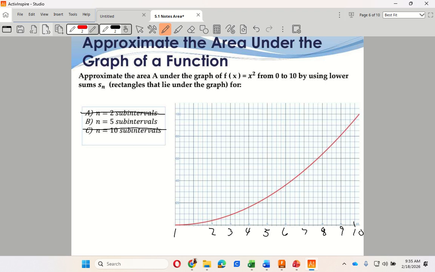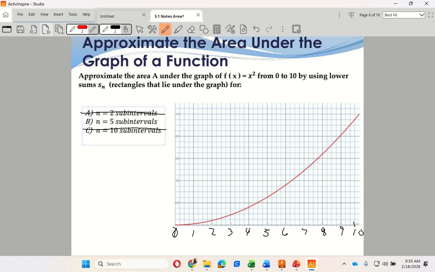No, wait, that's 0. 1 right there, okay. 5 subintervals. That's important for subintervals. So that means it's going to be 5 what? Very good. 5 rectangles. That's what I'm looking for.